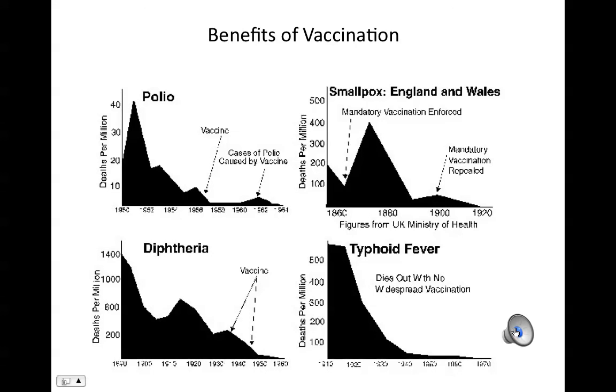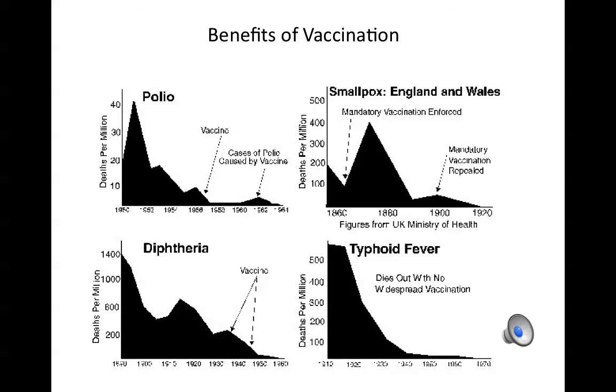Even though there's always some risk when any type of healthcare procedure or medication is used, typically for vaccines, the risk is very minimal and the benefit is huge. Take a look at these four small graphs that illustrate the tremendous decrease in prevalence of diseases like polio, diphtheria, smallpox, and typhoid when vaccines were implemented to control these diseases.